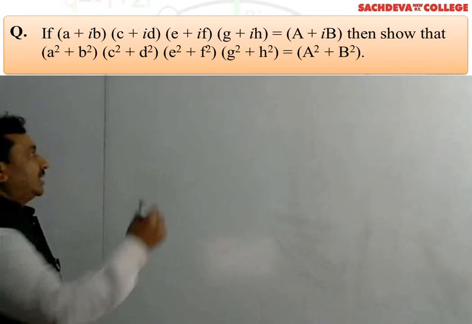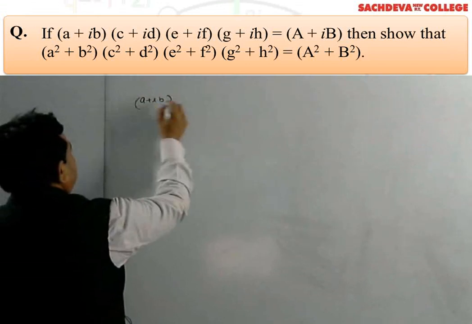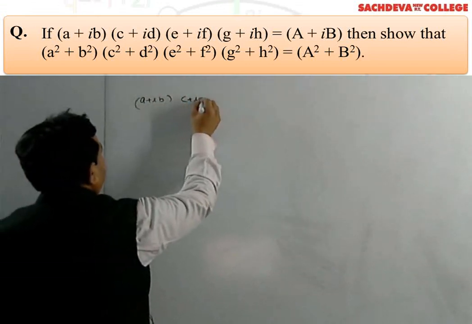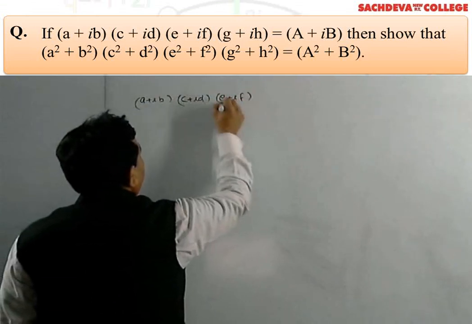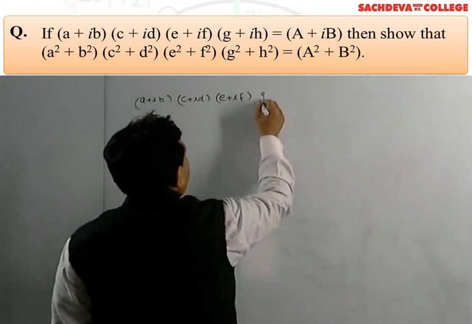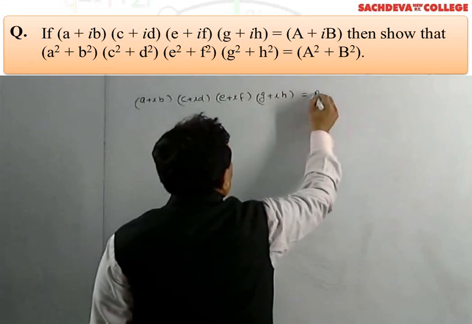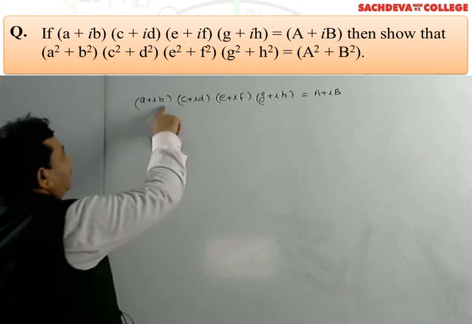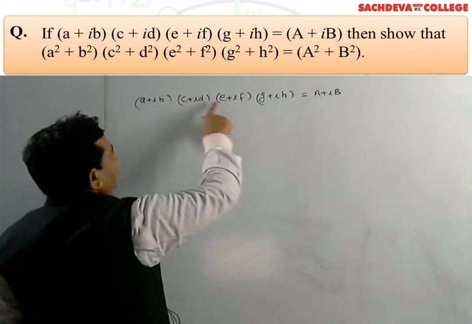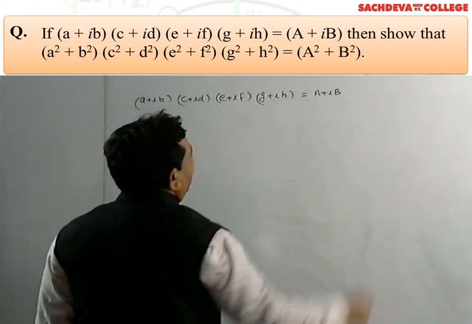So given that a plus iota b into c plus iota d into e plus iota f into g plus iota h is equal to a plus iota b.